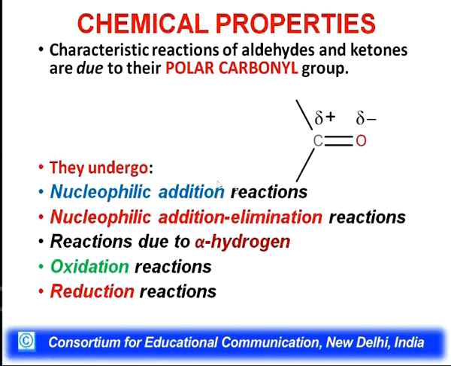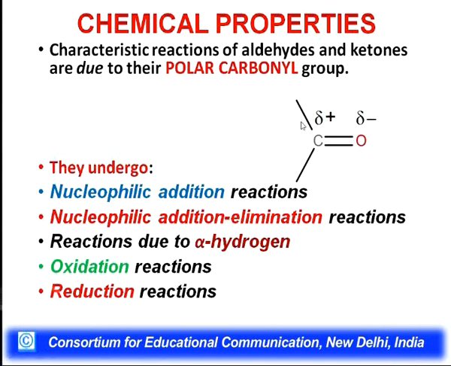Next, it can undergo nucleophilic addition-elimination reactions. Those reactions it undergoes with ammonia and ammonia derivatives. Then the hydrogen attached here, which is the alpha hydrogen, is quite acidic in nature, and because of this acidic hydrogen we have special reactions of aldehydes and ketones, which are aldol condensation, and then acetone and acetaldehyde give us the iodoform or haloform reaction because of the alpha hydrogen.